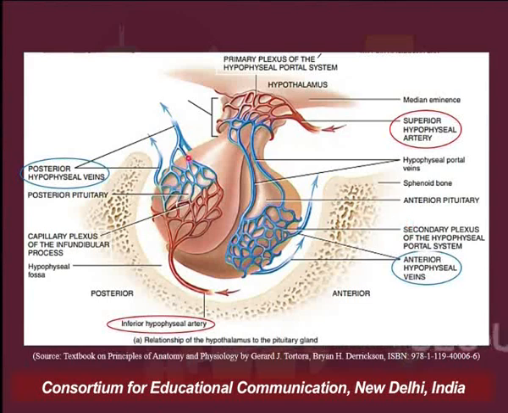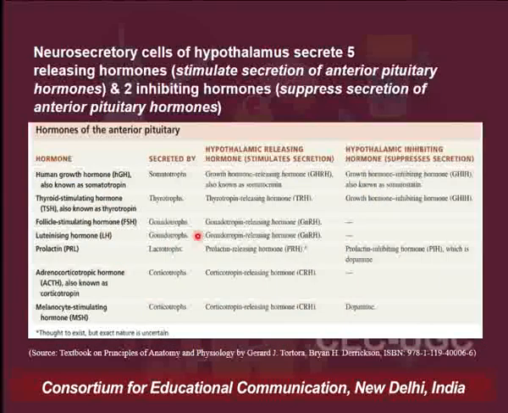In case of the posterior pituitary, you see that there is no connection with the primary plexus. It is receiving blood supply from the inferior hypophyseal artery, forming a network here which is called the capillary plexus of the infundibular process, and then bringing the blood towards the posterior hypophyseal veins. So this is what is the hypophyseal portal system.